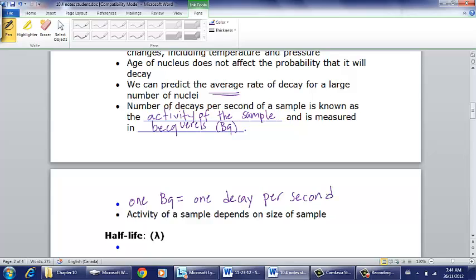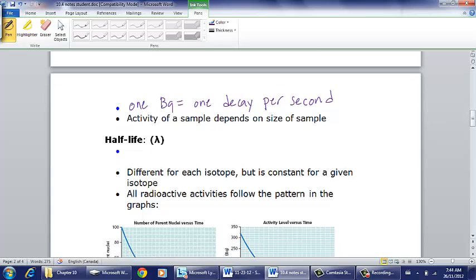So the activity of the sample is going to depend on the size of the sample. Now this brings us to half-life. Half-life is the average length of time that it takes for half of the parent nuclei in a sample to decay.